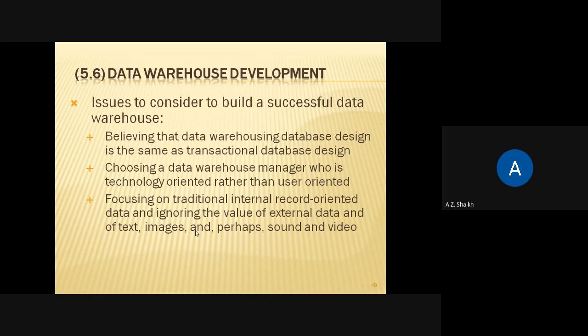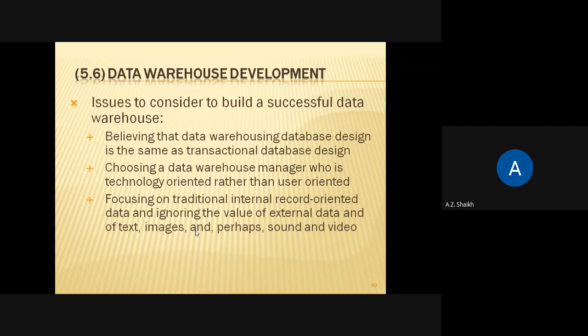Okay. Now, focusing on traditional internal record-oriented data and ignoring the value of external data and of text, image, and perhaps sound and video. We know that we are collecting data from different sources, and we already discussed that the data is in different forms. So we have the ETL, that is extraction, transformation.